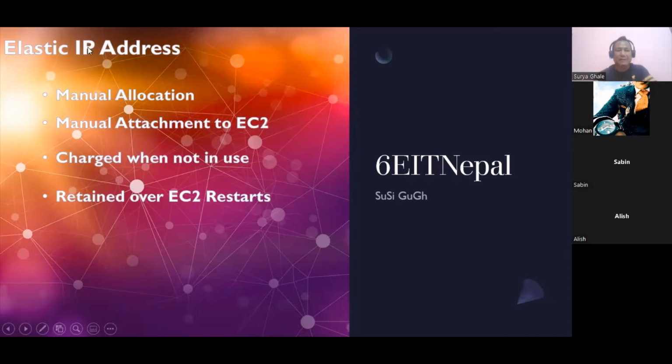Once you create it, if you do not use it, you will be charged. You'll have to pay the fees. It costs you some price, and it is retained over EC2 restarts. That means if your EC2 is assigned an elastic IP address and you restart it, it will have the same IP address once it is restarted.